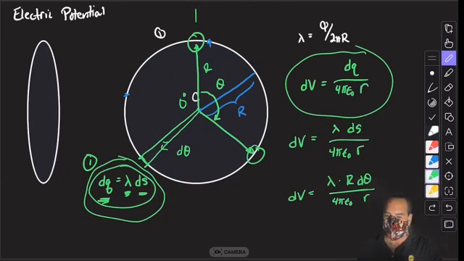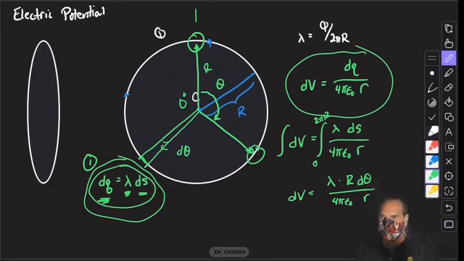I could decide to integrate both sides around the entire arc of my circle. Meaning I'm going around a whole circle, so I could go from 0 to 2 pi r. That adds up every piece all around my circle.